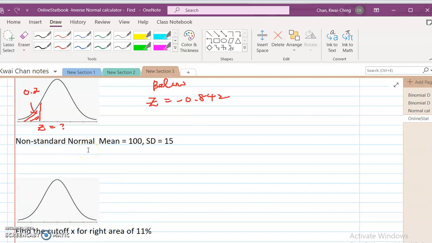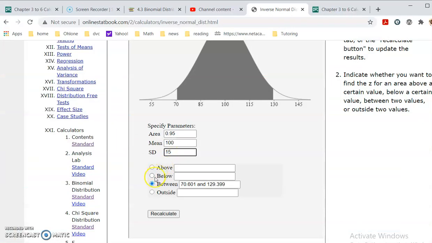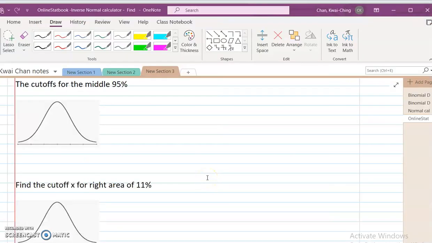We want the cutoffs for the middle 95%. We have two cutoffs, upper and lower, so that the middle area is 95%. So we do in between, 0.95, and recalculate. That would be 70.6 and 129.4 if we round to one decimal place.